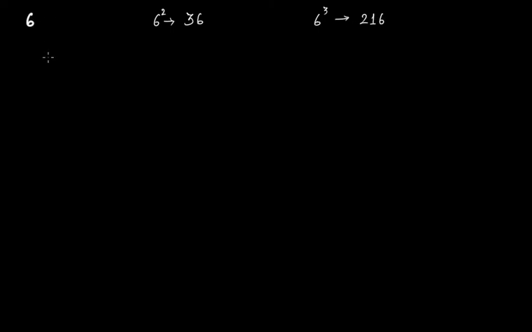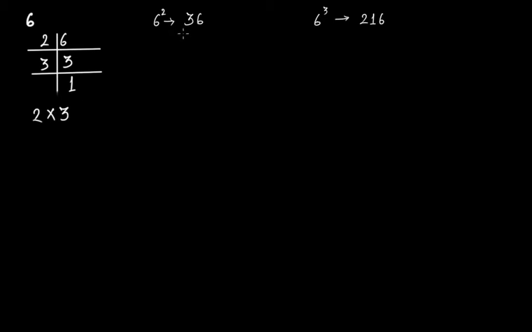So if you find the prime factorization of 6, we get 2 and 3. So the prime factorization of 6 is 2 multiplied by 3.